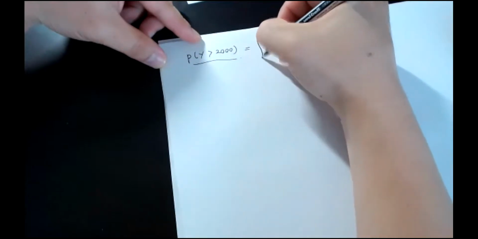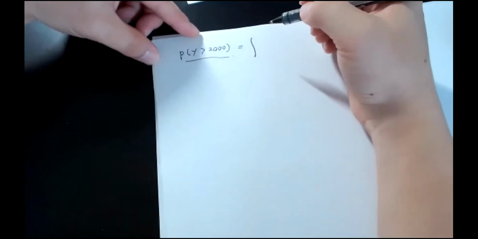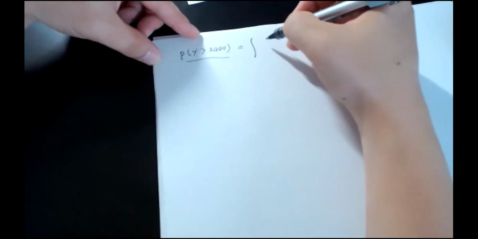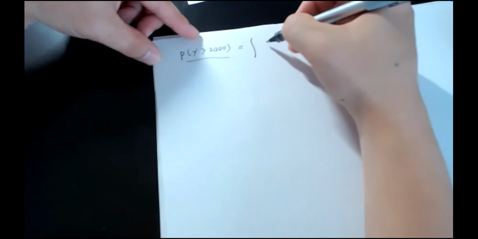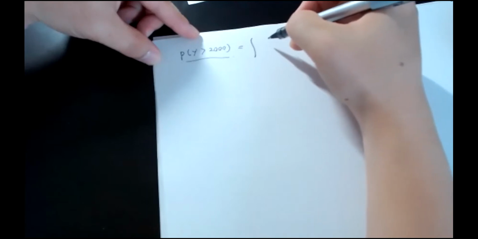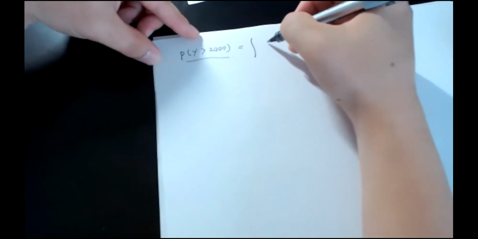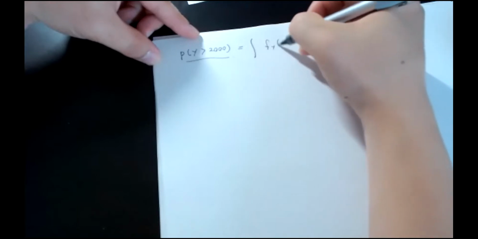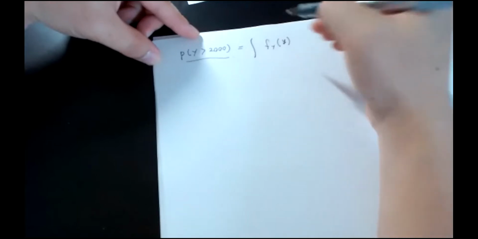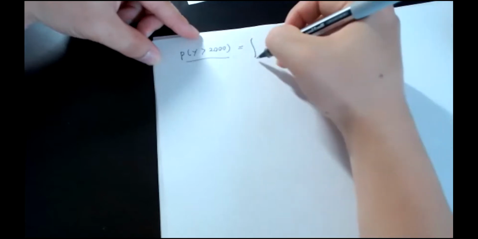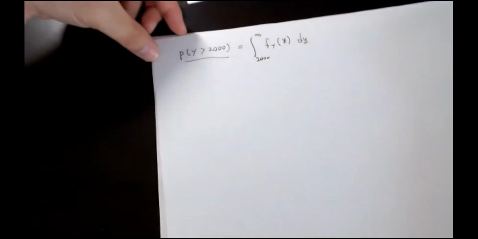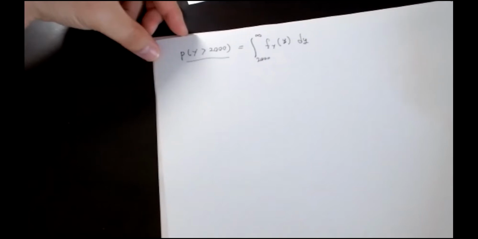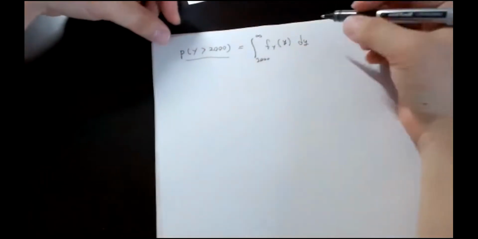So now this one, the integral of f_Y(y) dy from 2000 to infinity. Yeah, we can calculate that probability like this. Can you see this? Okay. So now, what is this?